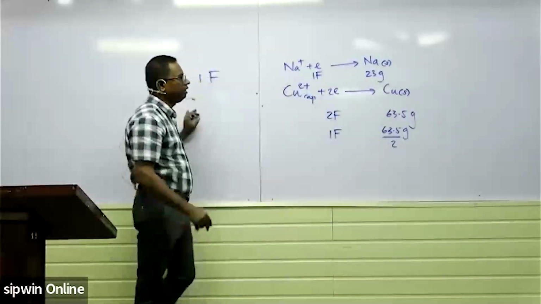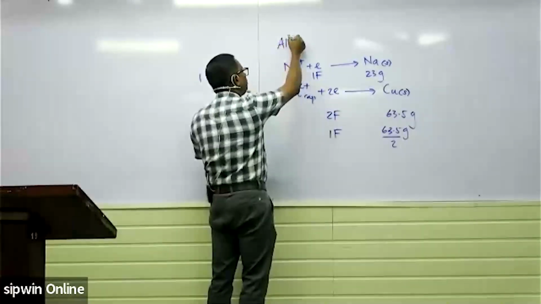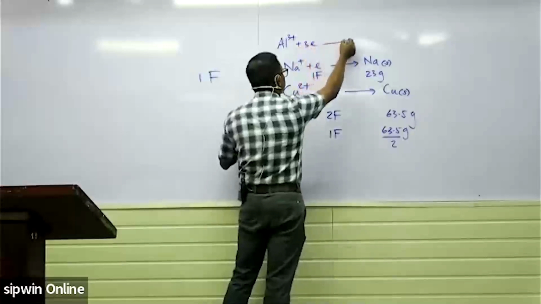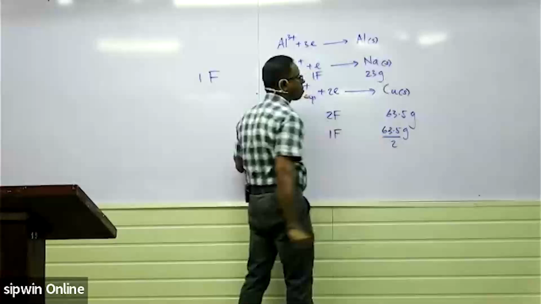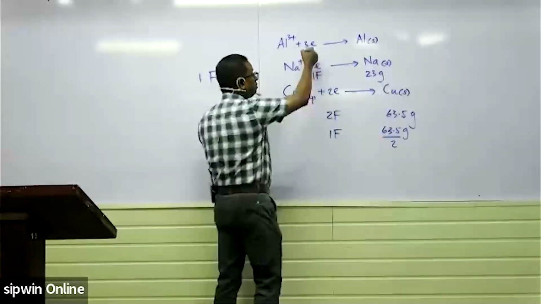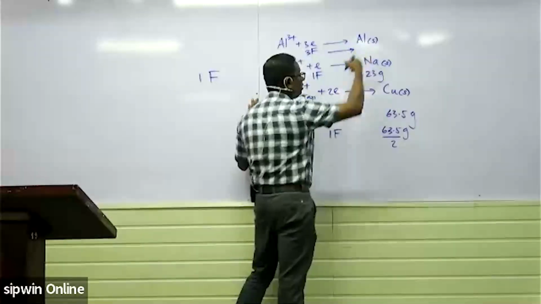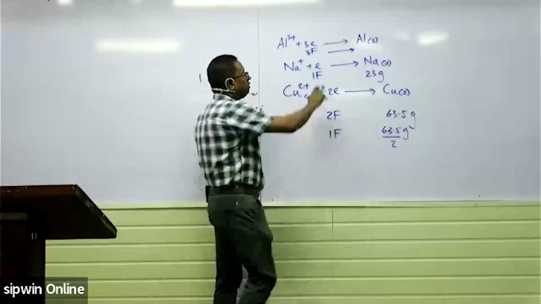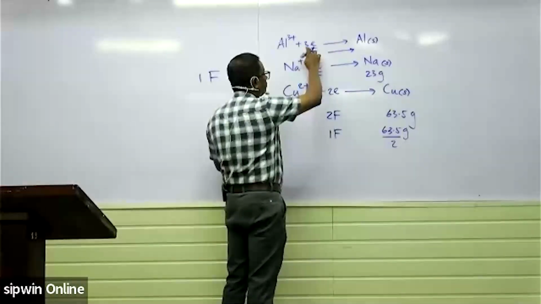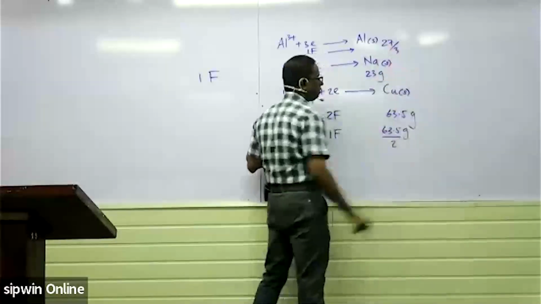If I consider aluminium, aluminium 3 plus takes 3 electrons and becomes solid aluminium. When I pass 3 Faraday, I can have 27 grams. When passing 1 Faraday, it is 27 divided by 3.